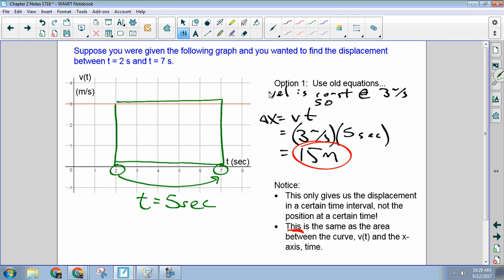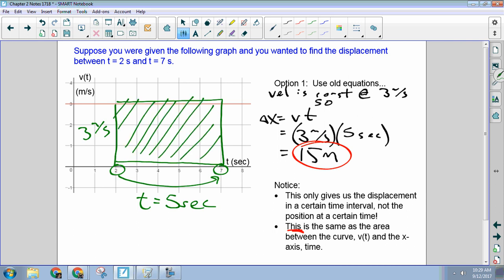This side of the rectangle would be 3 meters a second. If you picture this green rectangle, how do you find the area of a rectangle? Base times height, length times width. So it's 5 times 3.